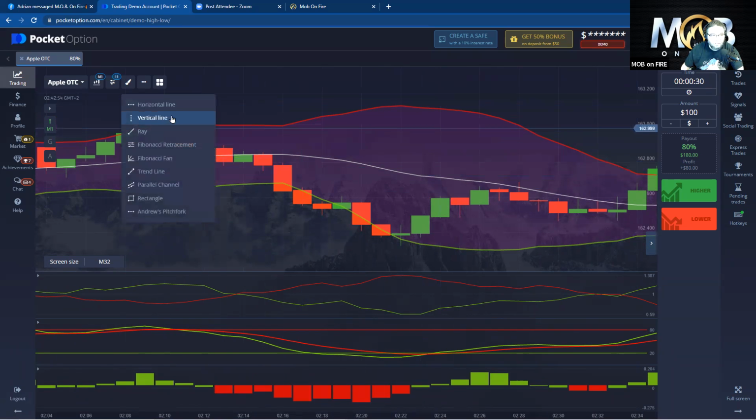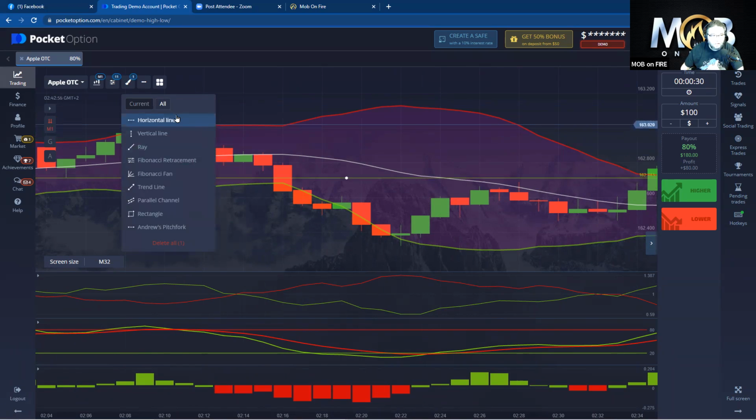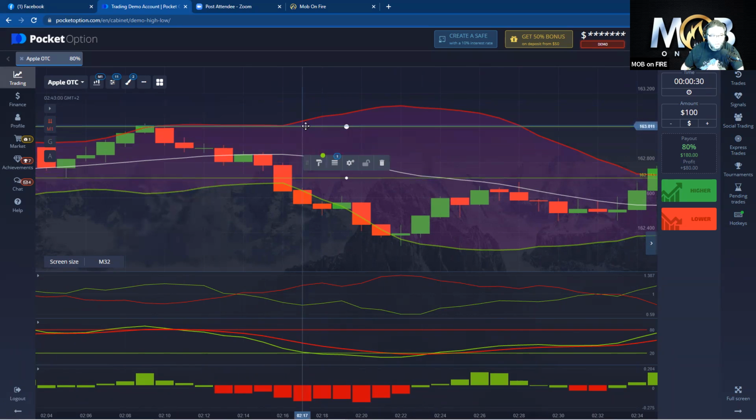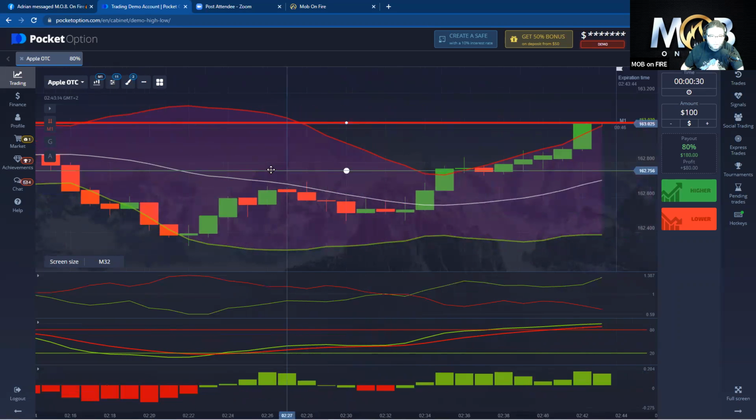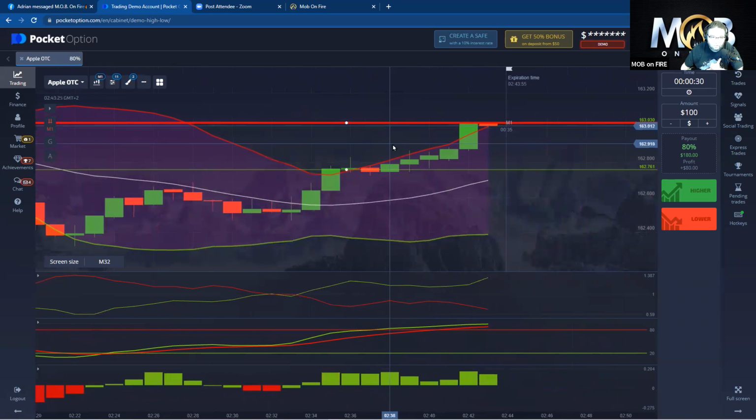So if we take a line and place it over here, and let's change the color to red and make it fairly big so that we can really see it, boom, there's where it went. That's the previous high, so that's the level of resistance on this.